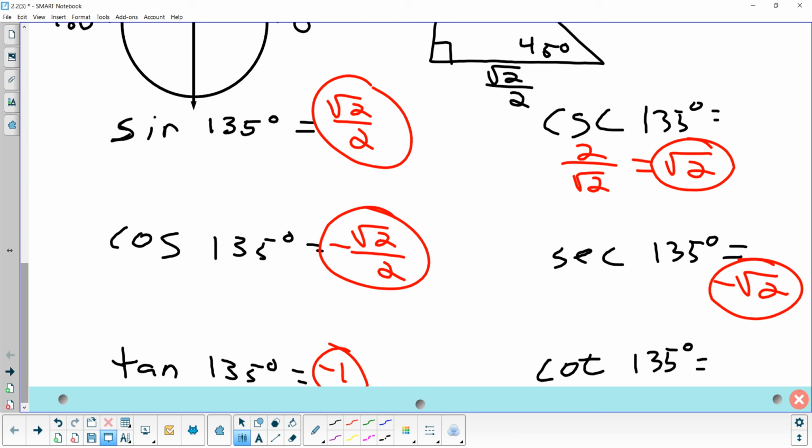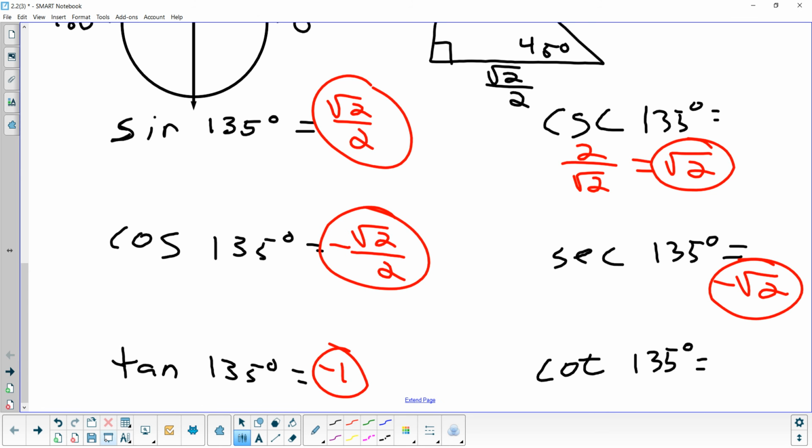All right, and Mateo, how about my cotangent of 135? Flip. Yep, we do flip. Which one do we flip? Tangent. Good, we flip the tangent. What's my tangent in this case? Your tangent is minus 1. Yep, so what do you get if you flip minus 1?